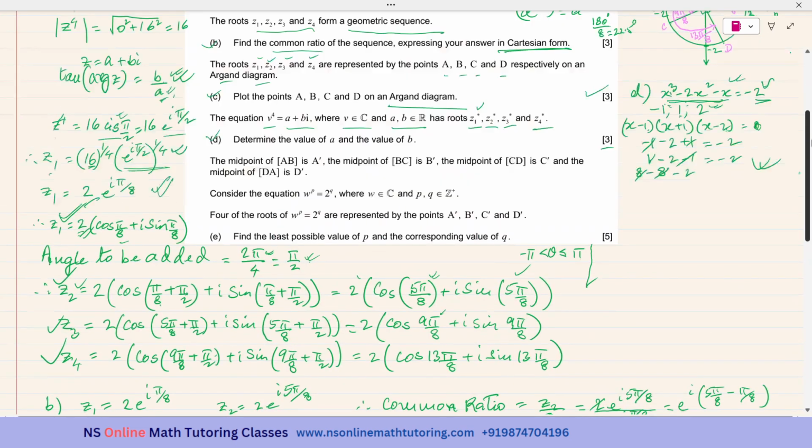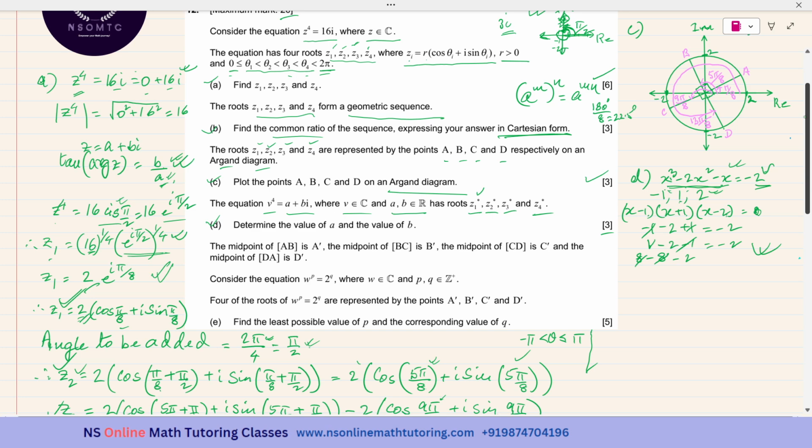Now, the midpoint of AB is A prime, midpoint of BC is B prime, midpoint of CD is C prime, and midpoint of DA is D prime. Consider the equation w to the power of p equal to 2 to the power of q, where w is a complex number and p, q are positive integers.